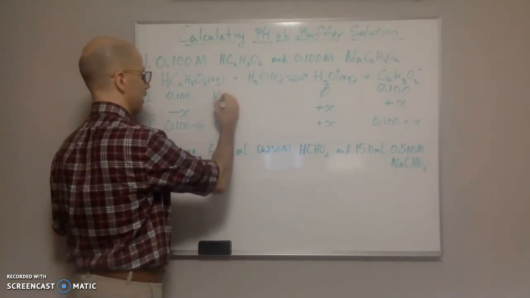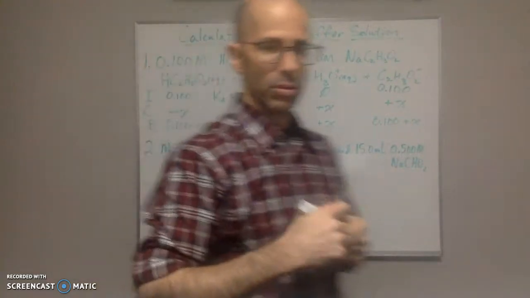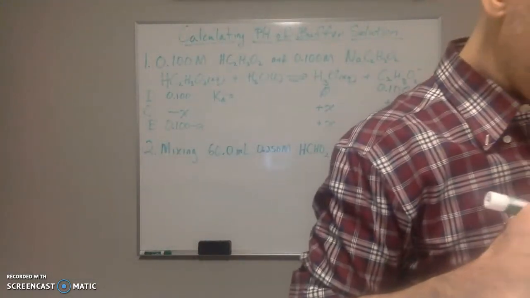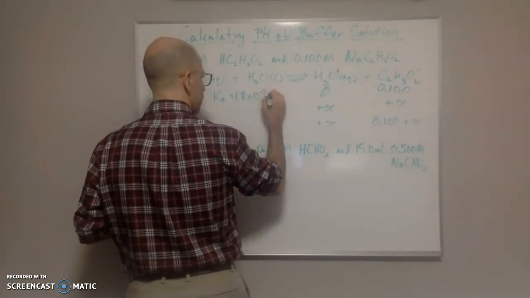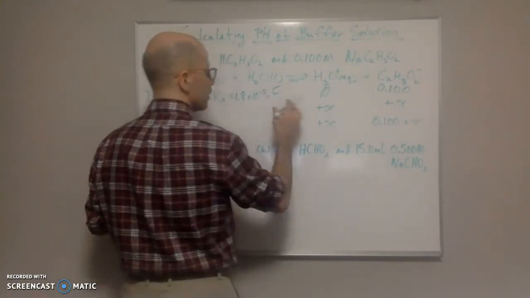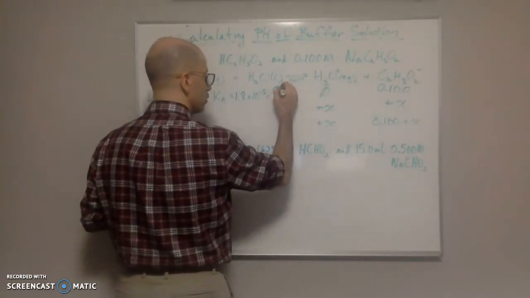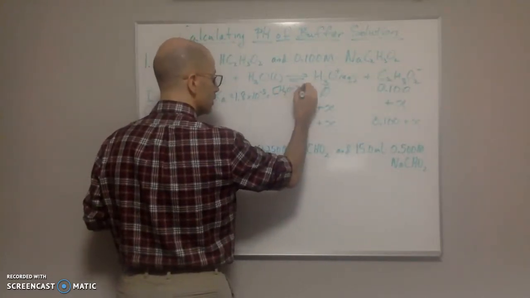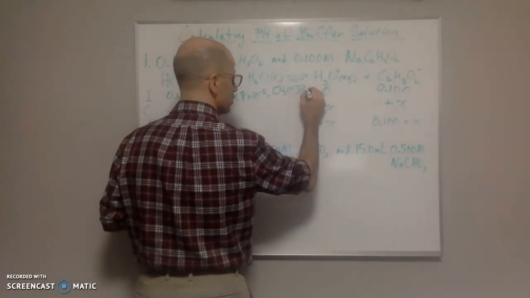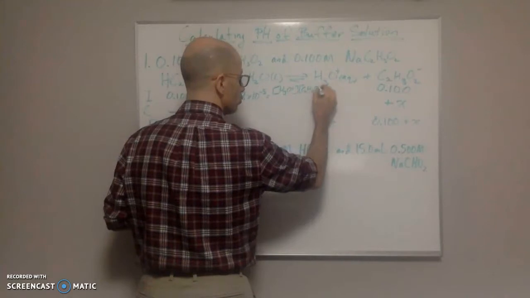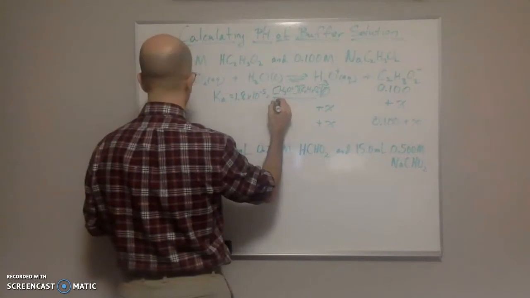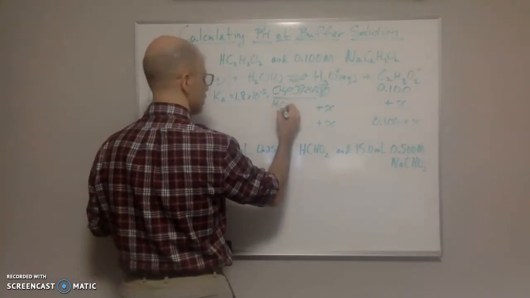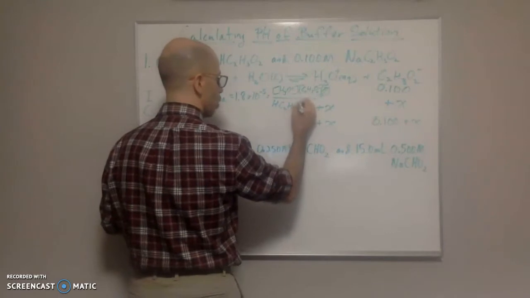And then we're going to use our equilibrium constant. So Ka is equal to 1.8 times 10 to the negative 5, and that's going to be equal to the concentration of H3O plus multiplied by the concentration of C2H3O2 minus, all over the concentration of the acid HC2H3O2.